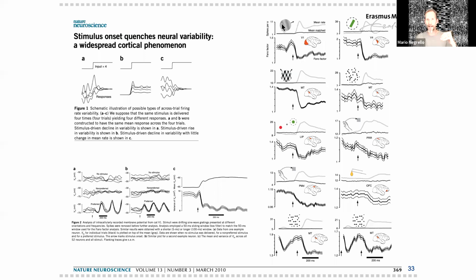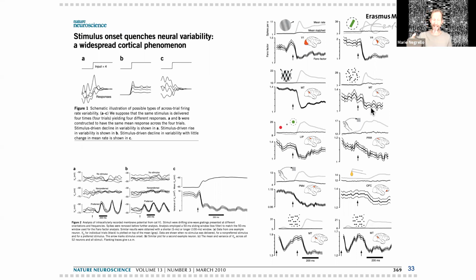So in this panel here, you have a moving grating and you're measuring activity in V1, a reduction of the Fano factor. In this here, you have an oriented bar, you measure it in V4, you have a reduction of variability. In this here, you have 2 moving gratings, like the 2 grids that slide over each other. You have activity in MT that reduces their variability.